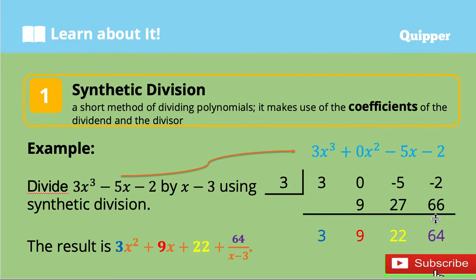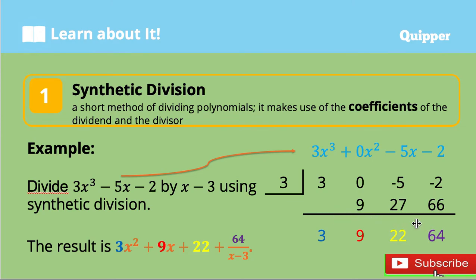Take note that the last number is the remainder of the given polynomial. And 22 here is the constant term, then 9 is the linear term, and 3 here is for the quadratic term.